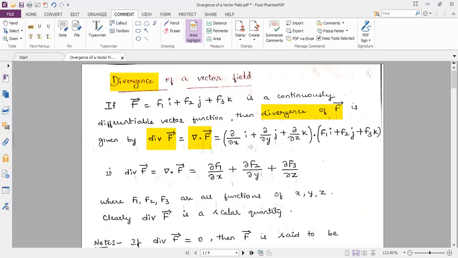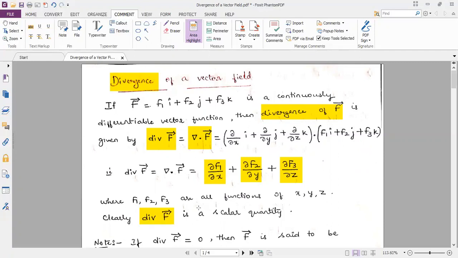So doing the dot product of dou by dou x i plus dou by dou y j plus dou by dou z k with f1i plus f2j plus f3k, we obtain dou f1 by dou x plus dou f2 by dou y plus dou f3 by dou z, where f1, f2, f3 are functions of x, y, z, and clearly divergence of vector f is a scalar quantity.